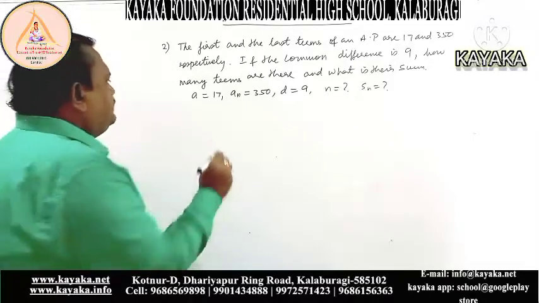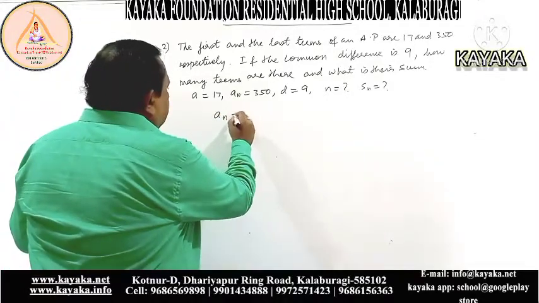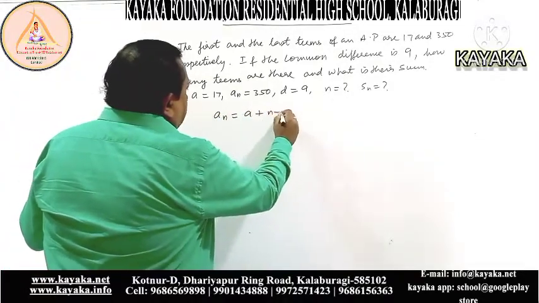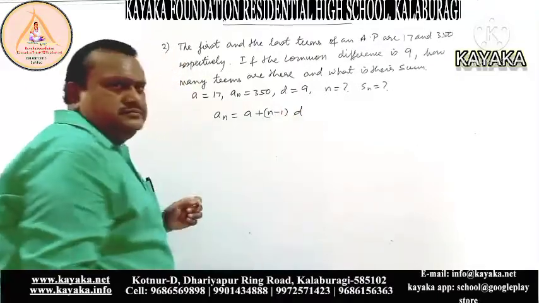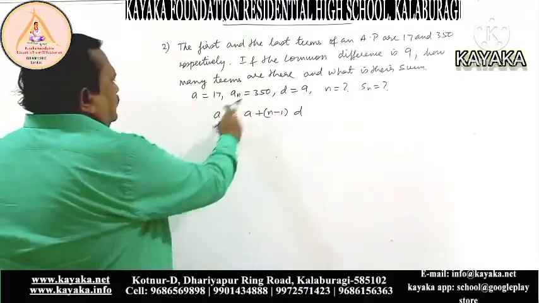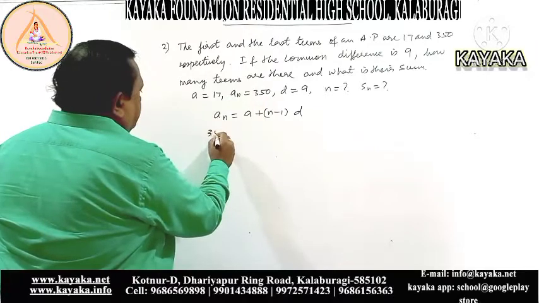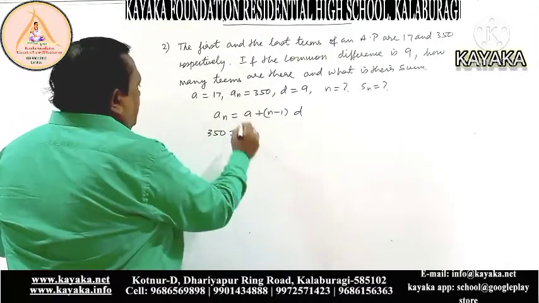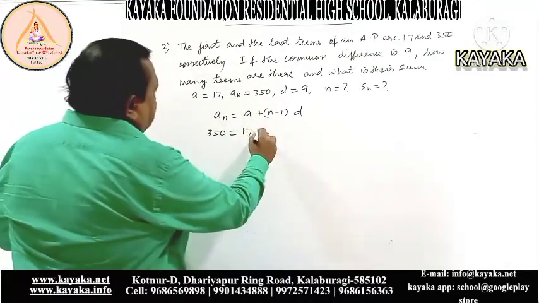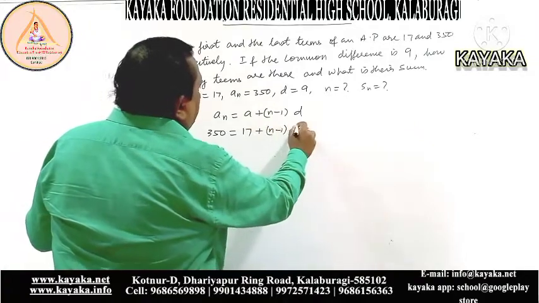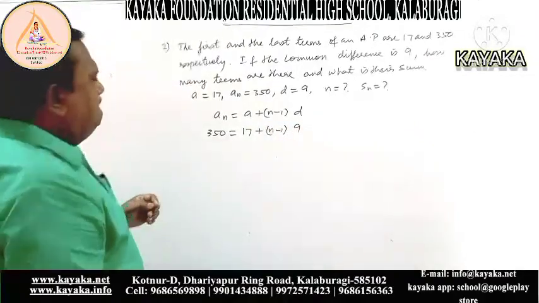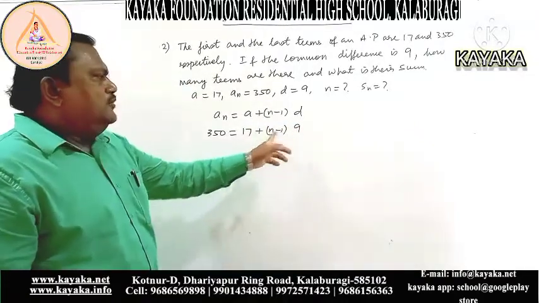Okay, therefore the an formula. What is the an formula? An is equal to a plus n minus 1 into d. What is the an value? 350 will be equal to a value 17 plus n minus 1 into d value 9. Now you have to open the bracket.